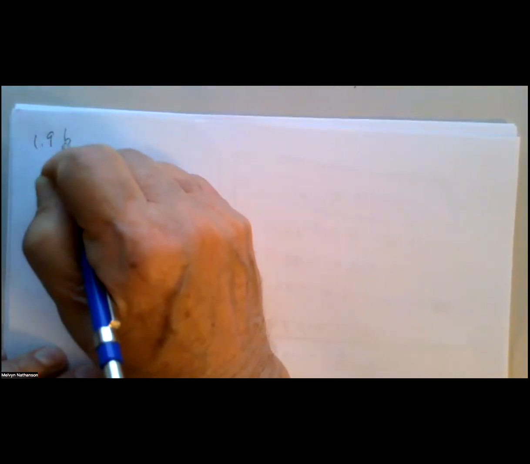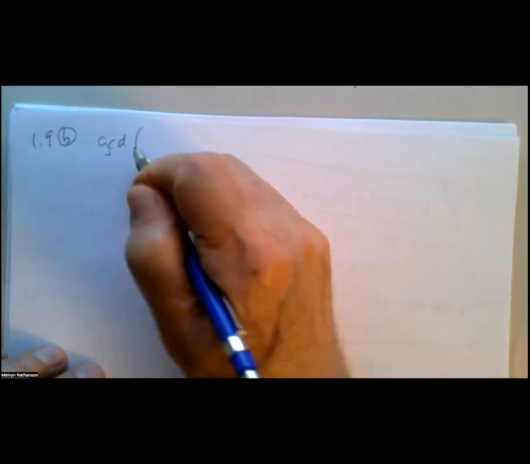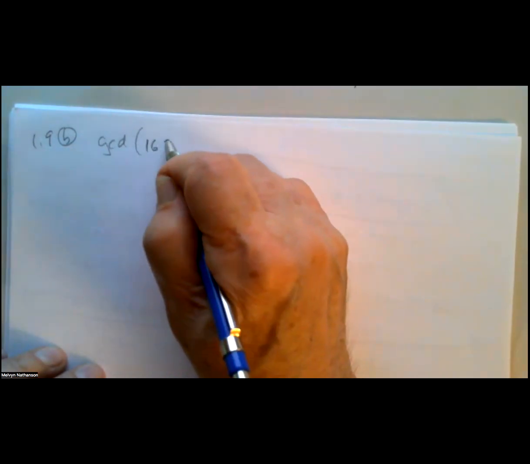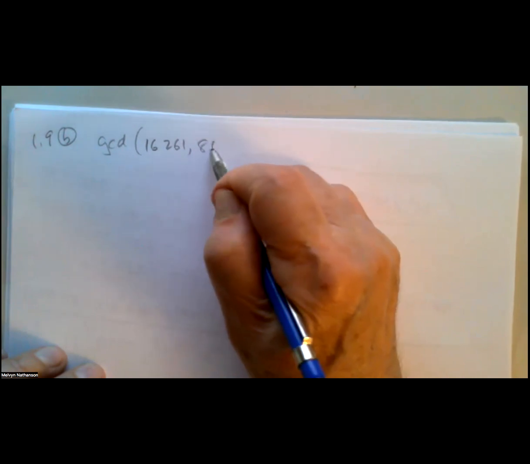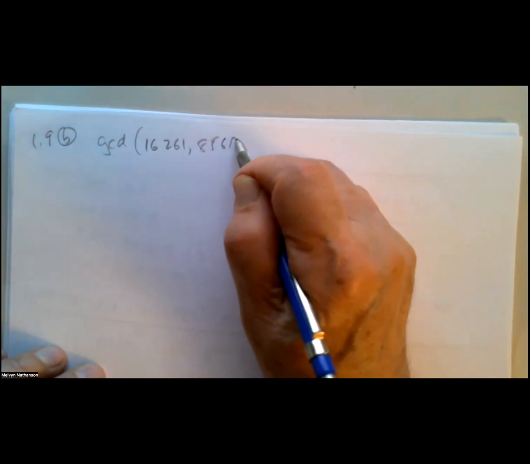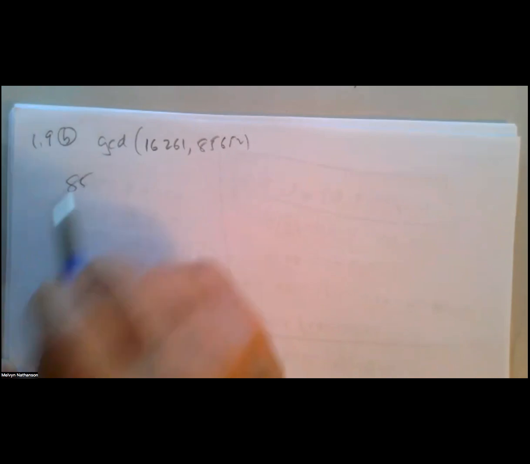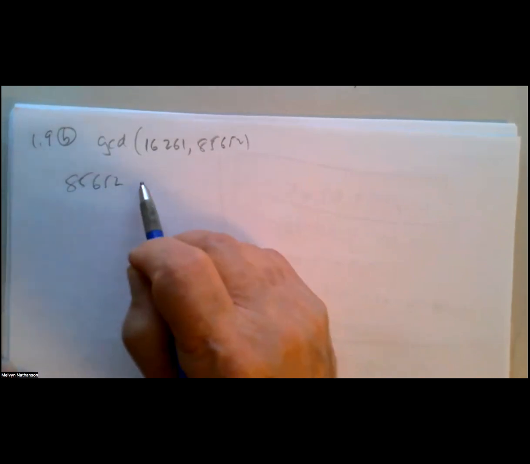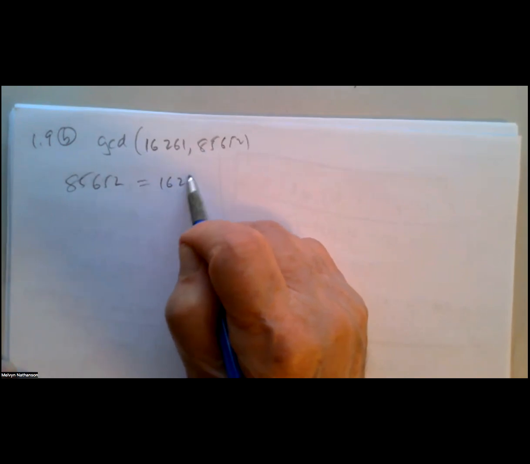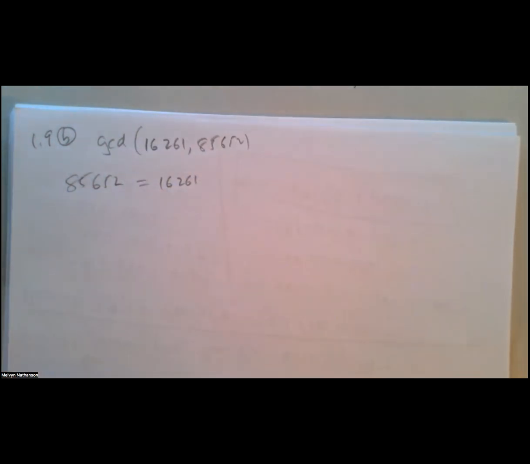That's more challenging because the numbers are a little bit bigger. So this is 1.9b. We want to compute the greatest common divisor of 16,261 and 85,652. We take 85,652 divided by 16,261. Let me use the method that you can use if you have a calculator.